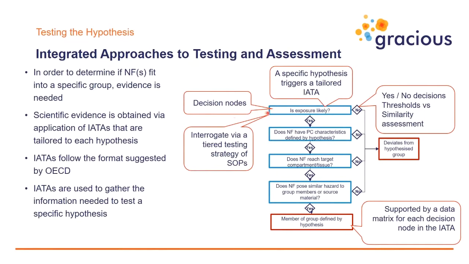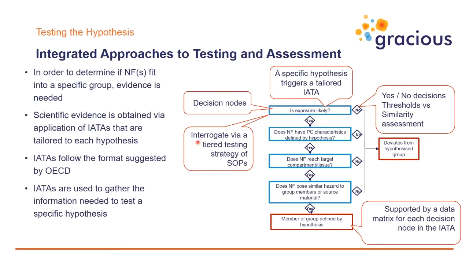If you make yes decisions throughout, then you confirm your group. If you make a no decision at any point, then you deviate from your hypothesis and your group's not accepted. These questions we've called decision nodes, and the questions in here are tailored to your specific hypothesis, so you have a tailored IATA.